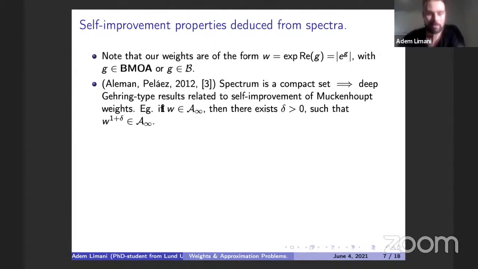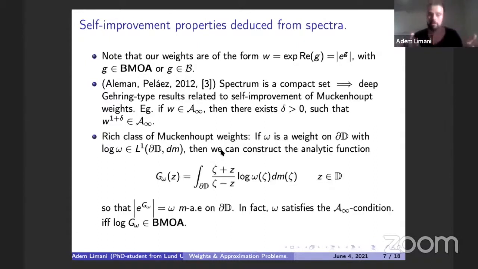So in fact, for instance, if w is an A infinity weight, then a greater power of w is an A infinity weight. And this is quite cool, that you have this connection between something very basic in operator theory and something very deep in harmonic analysis.